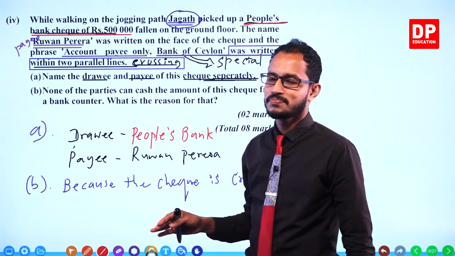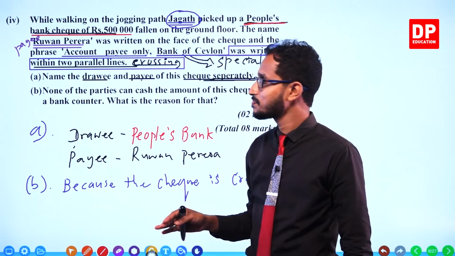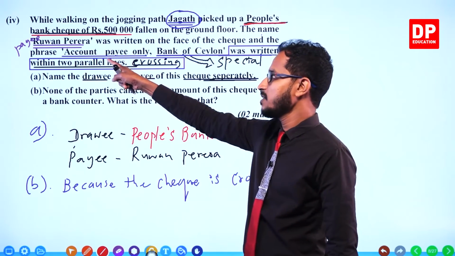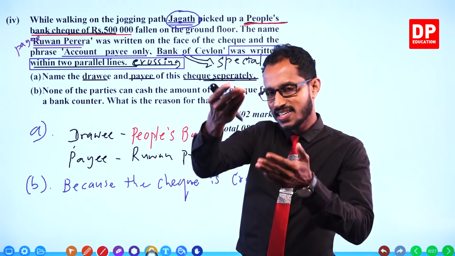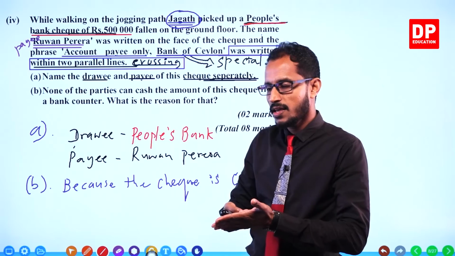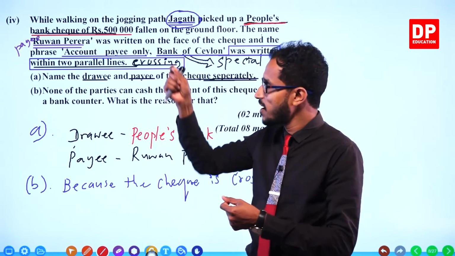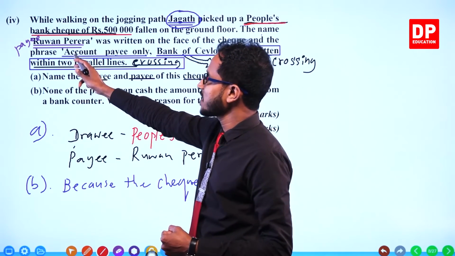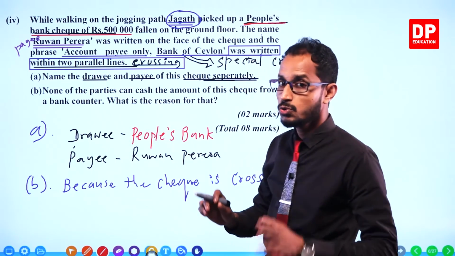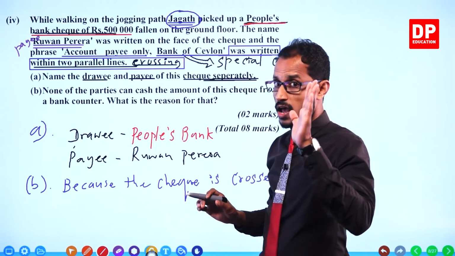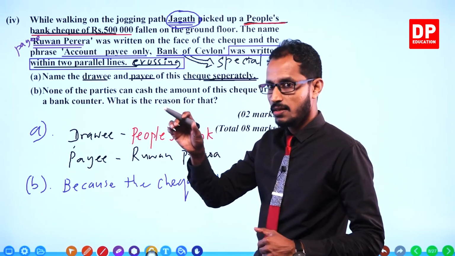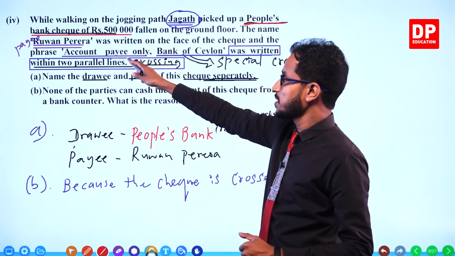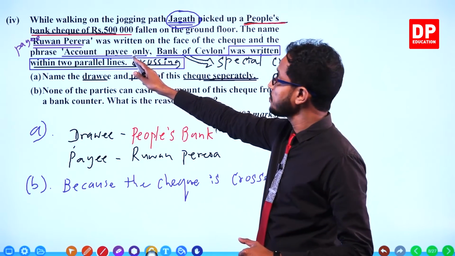Jagat is not going to get anything. Ruan Pereira, the owner, I mean the payee of the check, also cannot take cash to his hand. He has to deposit the check, the 500,000, into his account only, because it says account payee only, to Ruan Pereira's account under his name. The account should be there, and to that account only cash will be deposited.